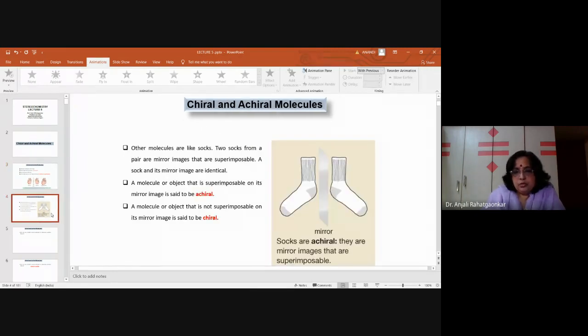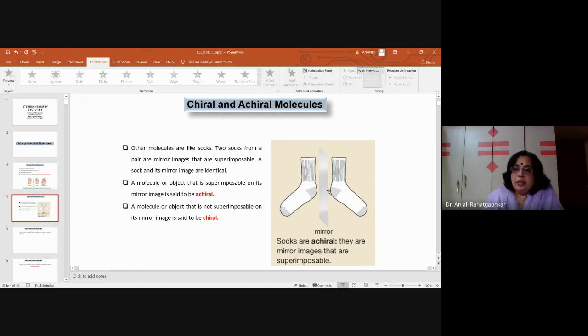Then moving to the next: can you see the socks? The socks are achiral. Now why are they achiral? Because they have some symmetry, because they are superimposable.